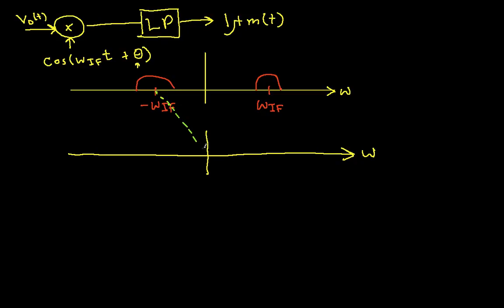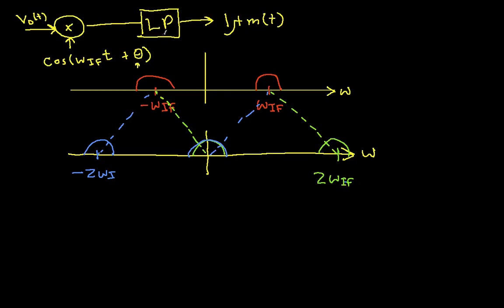I'll have one copy of this bump here shifted down here, and this bump here gets shifted up here to 2 omega IF. And then this bump also gets shifted down here. And this guy gets shifted down here to minus 2 omega IF. So I'll have the green bump at the origin plus the blue bump at the origin.